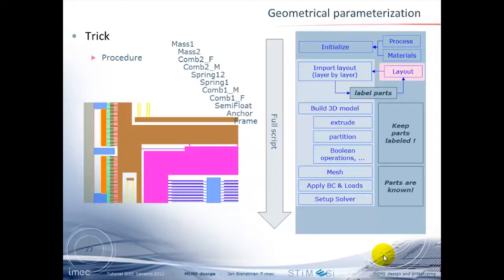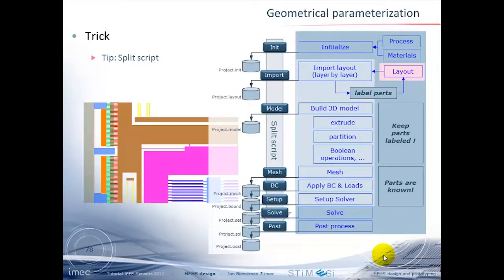And because your parts are known, under program control you can do a lot. Even with tools that do not offer you a lot of flexibility in undo and so on, under script control you can actually dump everything after this phase on a disk.